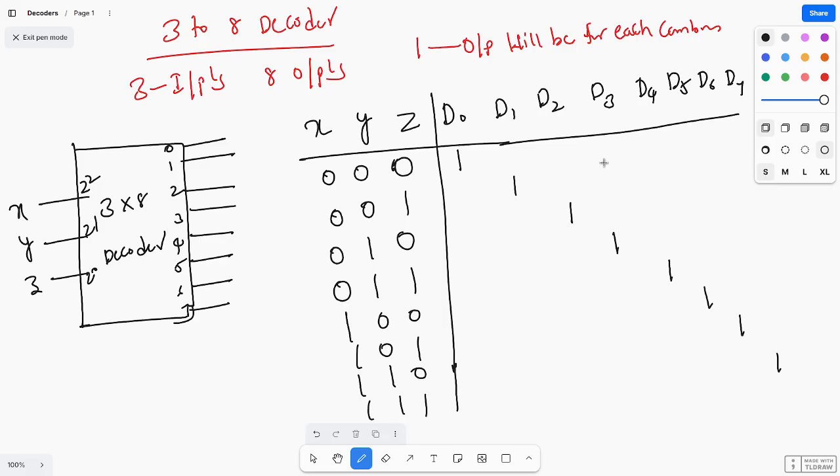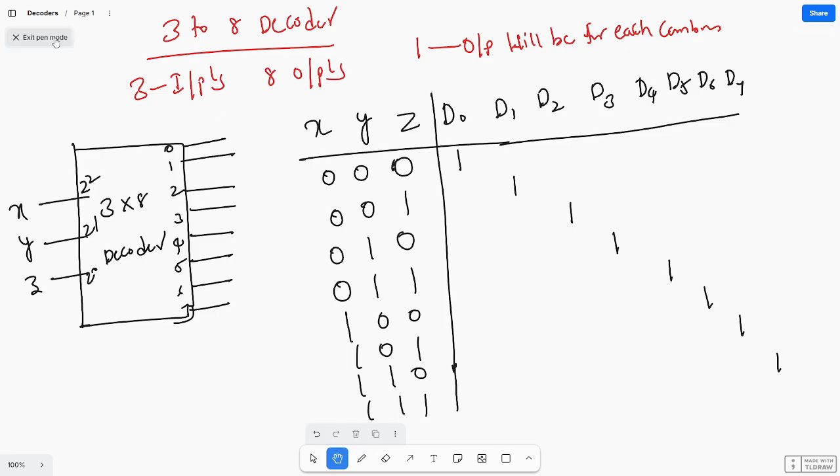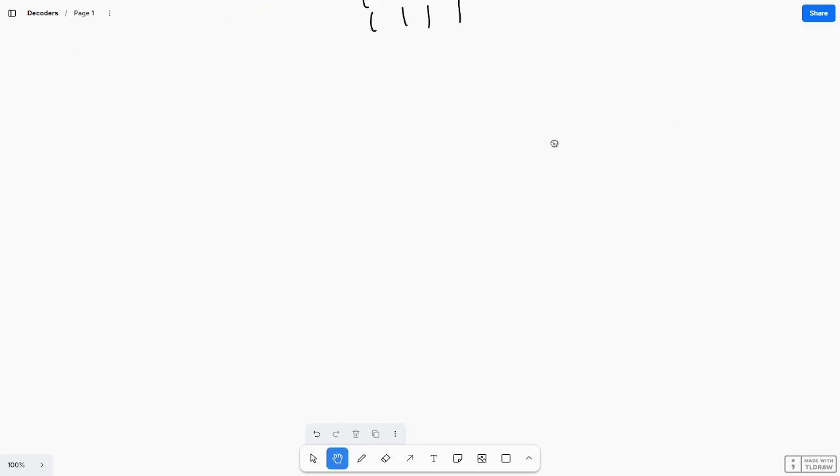Now you need to implement a higher order decoder by using a lower order decoder. How to implement this higher order decoder by using a lower order decoder? So we'll see these steps.